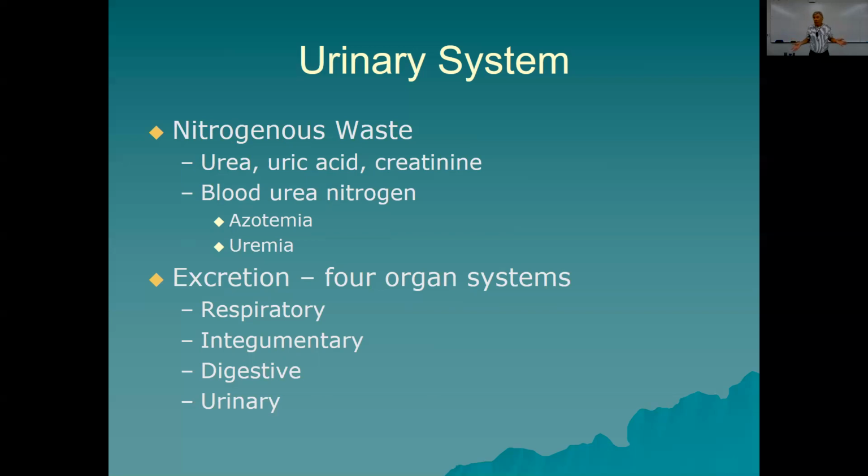This is a metabolic waste product, right? The carbons in the food that you eat go in one way and they come out as carbon dioxide. Integumentary system. You excrete a little bit of nitrogenous waste in sweat, just a little bit. Digestive, you think, wow, that's a big excretory system, isn't it?